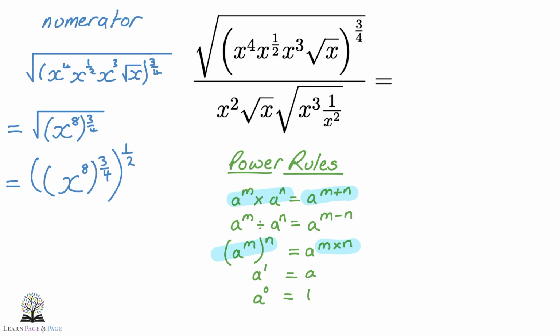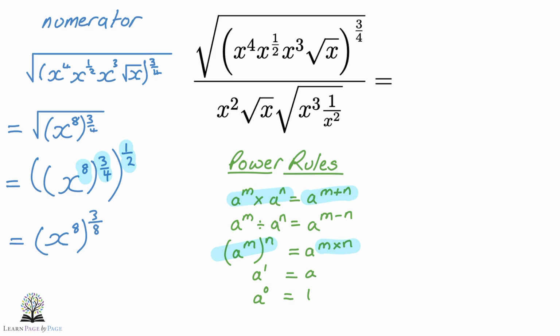So we work from the top one down. We start off with the half multiplied by the 3/4. That gives us 3/8. So we have x to the power of 8 to the power of 3/8.